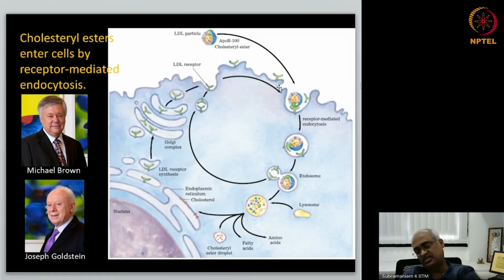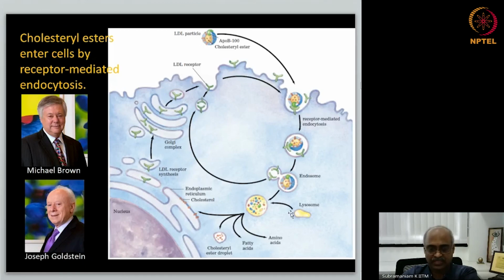Endocytosis, in simple terms, is internal invagination of the plasma membrane like this, forming a pit, and then finally these ends will join and it gets pinched off. So that's a very complex process, and a lot of cell biology labs actively work on how that happens and how that is regulated. And these lipid vesicles are called endosomes, because they are lipid vesicles inside the cytoplasm, that's why they are called endosomes.